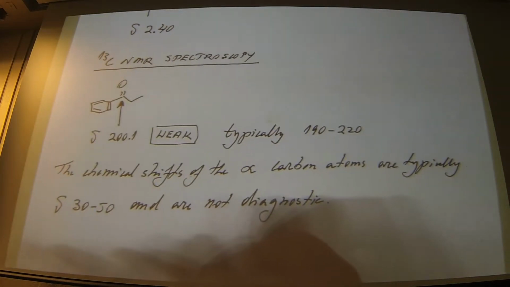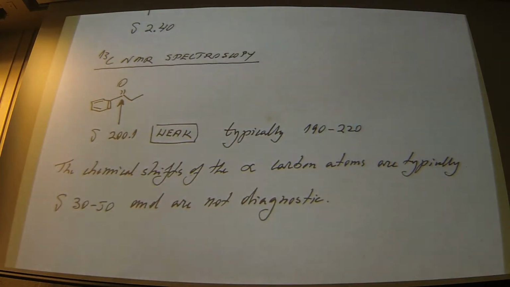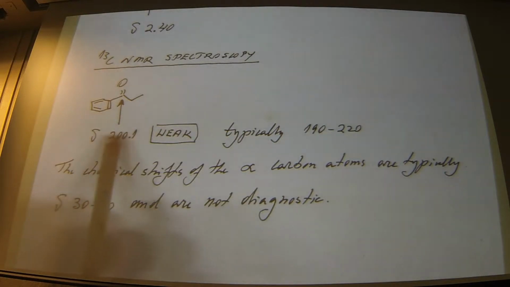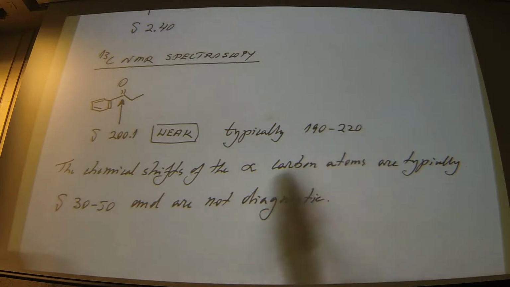C13. The carbonyl is a weak peak typically, right? Because remember, in C13 the intensity of the carbon peak depends on how many hydrogens you have. If you've got a lot of hydrogens, you get a strong peak. If you have few, you don't. Well, for the carbonyl, you have no hydrogens. And so the carbonyl peak is usually one of the weakest peaks in the spectrum. It's usually around 200, but it's bracketed by about 190 to 210 to 220.